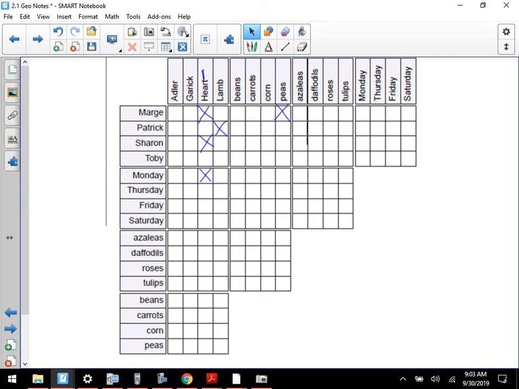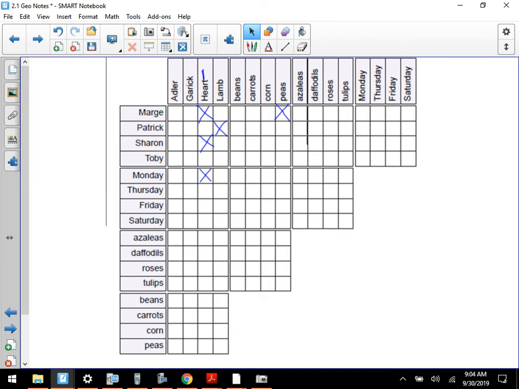The gardener whose first name is not Patrick, breaking ground on Thursday, is planting corn and daffodils. So not Patrick, so it could be either Marge, Sharon, or Toby. So Patrick is not breaking ground on Thursday. You're using that information that's thrown out there.